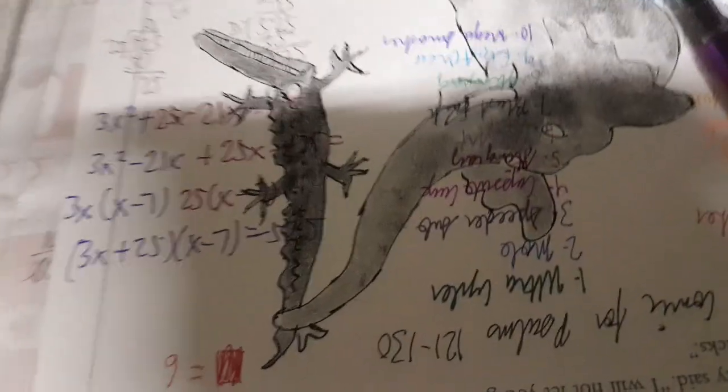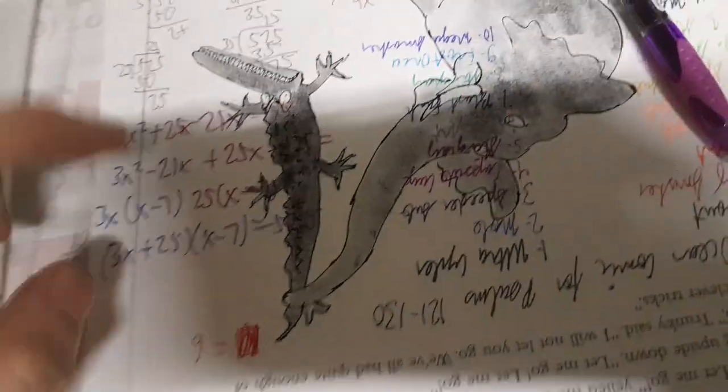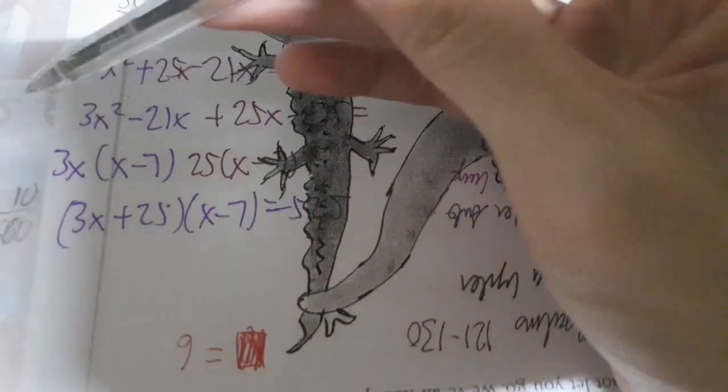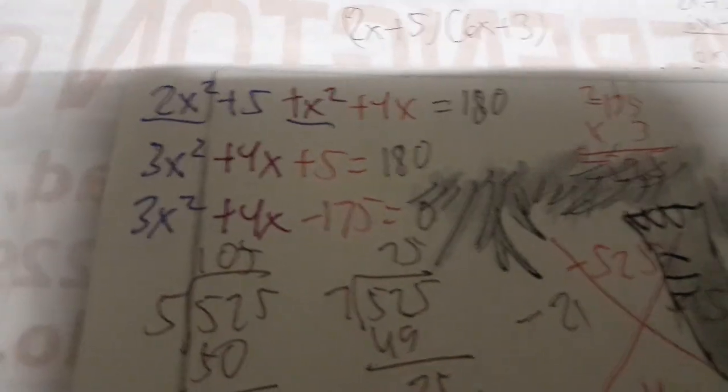It's equivalent to negative 175. 25 times negative 7 is negative 175. 3 times x, 3x squared. 25x minus 21x, combine like terms, we get positive 4x. So we still got the same answer.